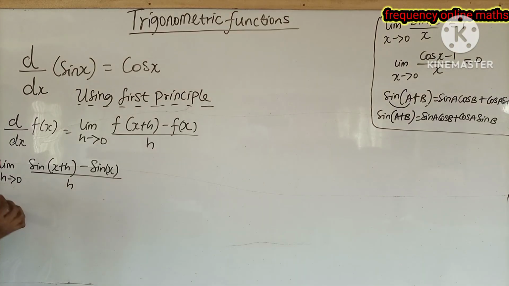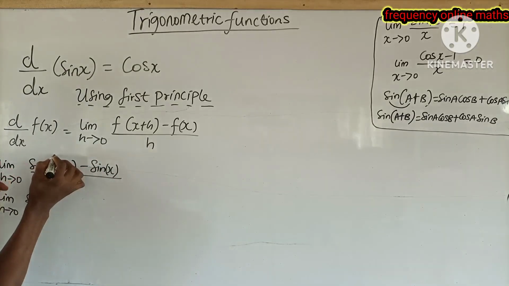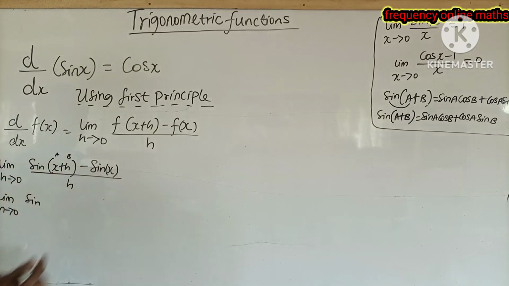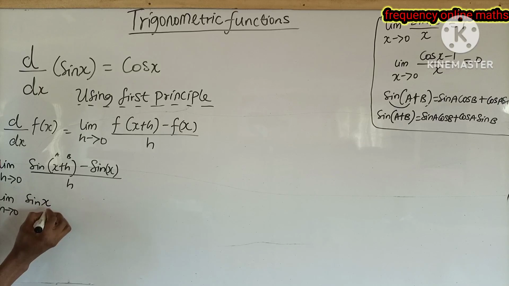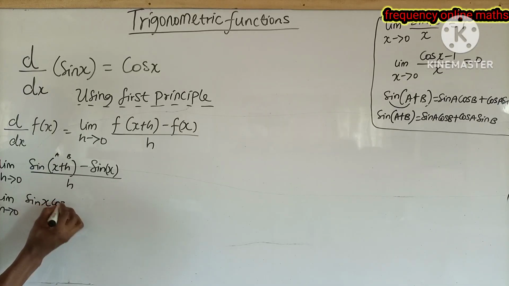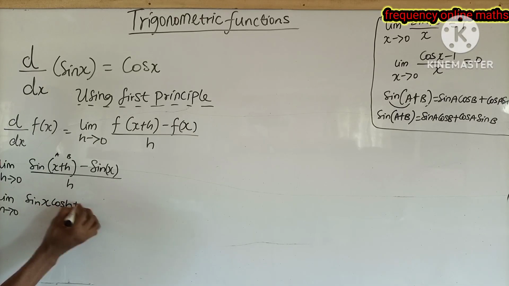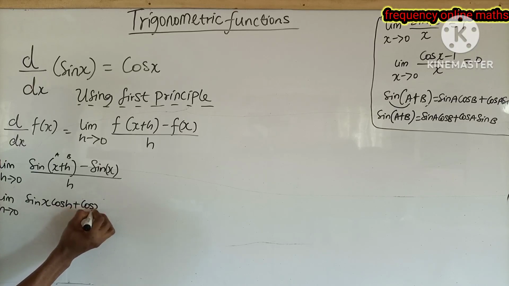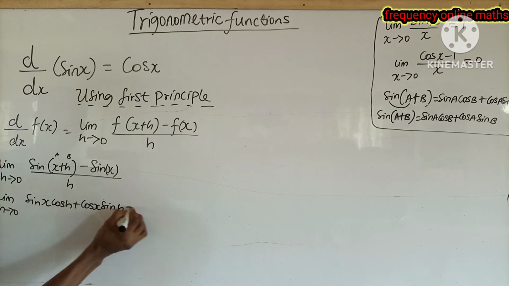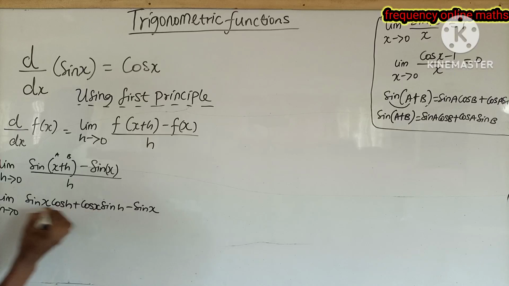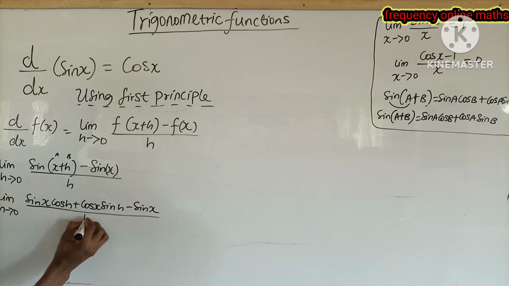We apply this here: this one is just like A, this one is just like B. So we have sine x cos h plus cos x sine h minus sine x all over h.